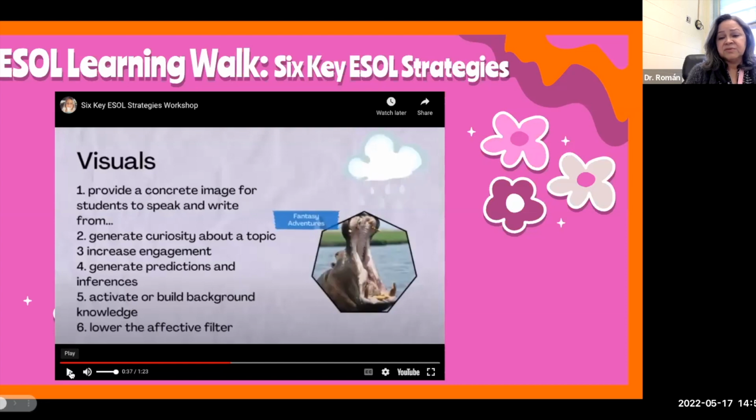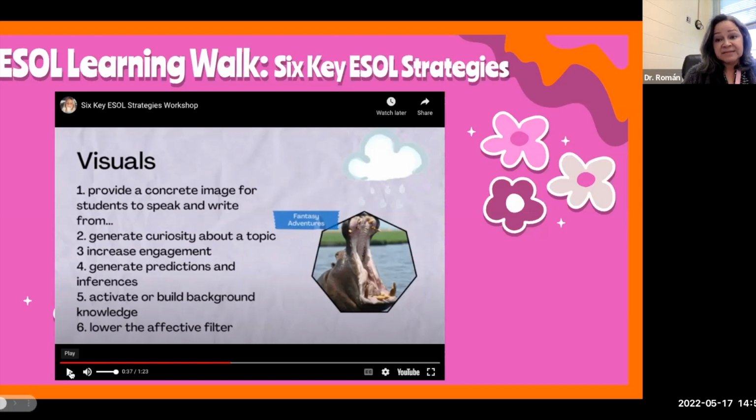Visuals, we can use visuals because they are concrete. They show students things that we want them to learn. It's easier to remember a movie than to remember a teacher saying something. So integrating movies or pictures or realia, things that they can sense better, instead of saying things, makes it easier for them to grasp the concept. Sometimes we pronounce differently.